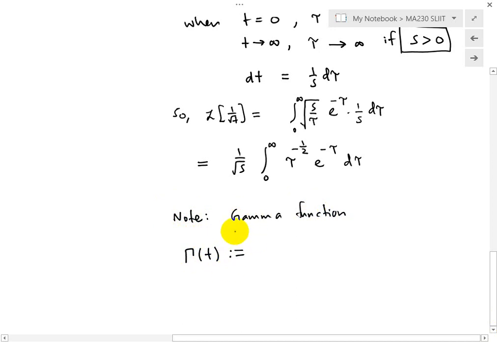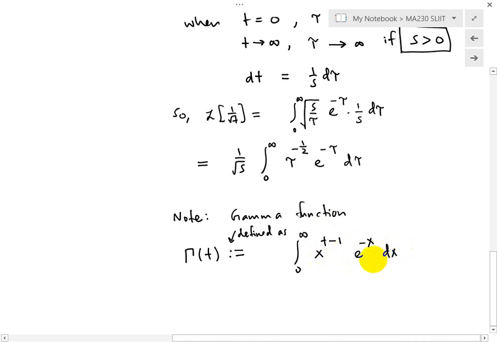So we define this as, so this is basically this decaying exponential function, and multiplying with say x to t minus 1, and note that your variable of integration here is x.